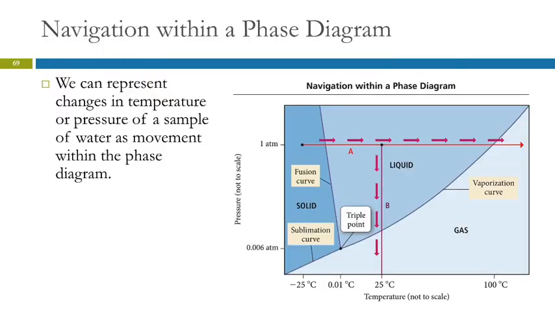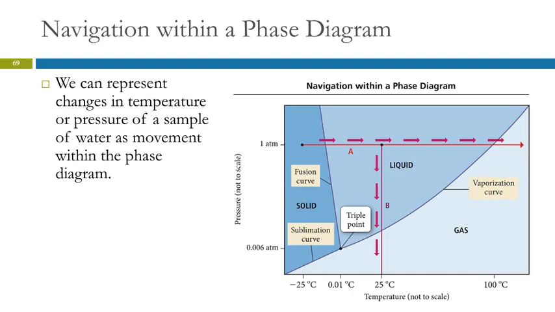So we talk about navigation within a phase diagram. And generally we would do this in straight lines. You can either look at changes in pressure or changes in temperature. So here, line segment A, we're at 1 atmosphere of pressure, going from minus 25 degrees Celsius up to, say, 125.